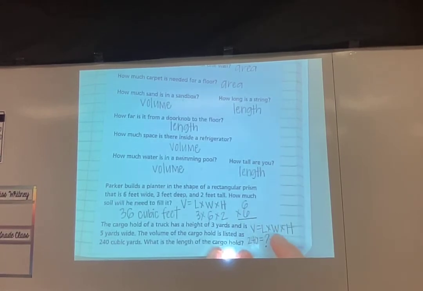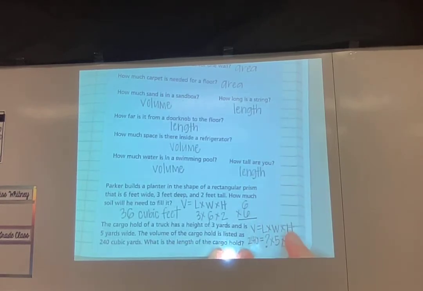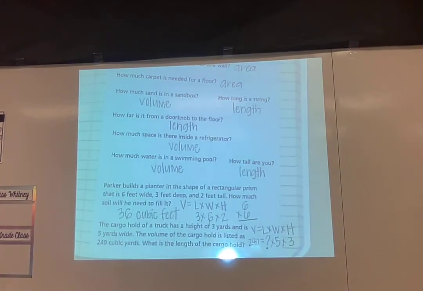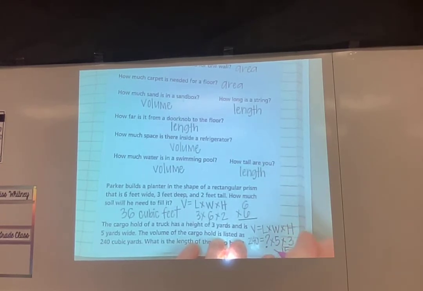Times, the width is how wide, and it says it's 5 wide, times the height, and it has a height of 3. Right? Now, I want to start solving for that question mark so that I know the length of my cargo hold. So first, I'm going to do 5 times 3 because I can easily do that, which is 15. And then I'm going to fill in what I have left.